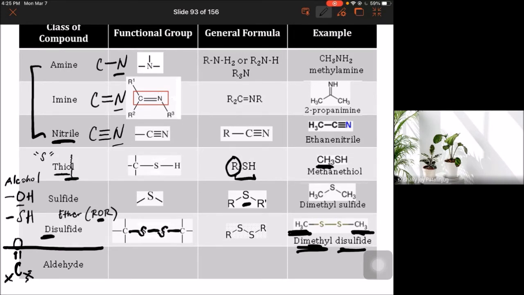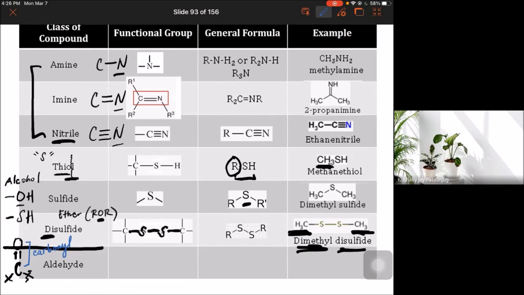When you are asked to identify carbonyl, that is carbon double bond to oxygen.